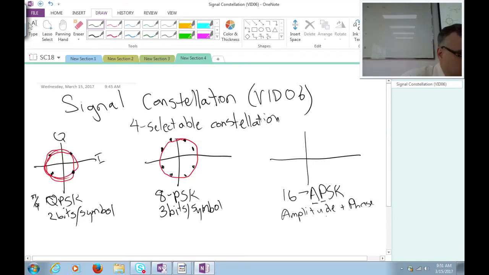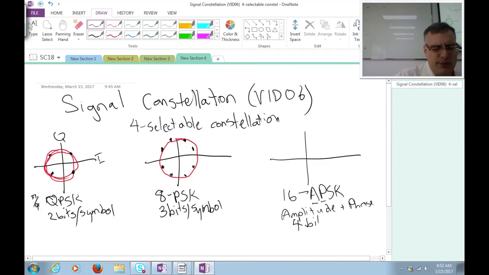This is a form of quadrature amplitude modulation, but oftentimes QAM is reserved for that nice grid-like constellation. When you say the word QAM, technically that's amplitude and phase shift keying as well, but that grid of points that we drew in previous lectures is sort of like the first thing you think of. So that kind of signal defaults to being called QAM.